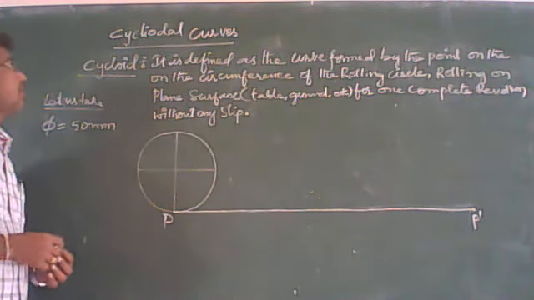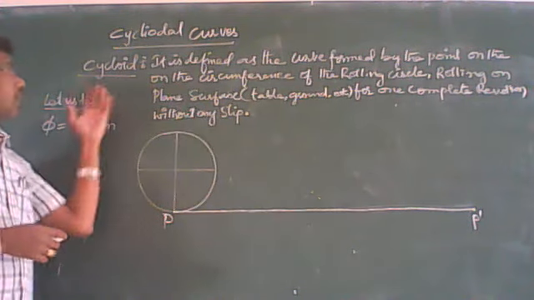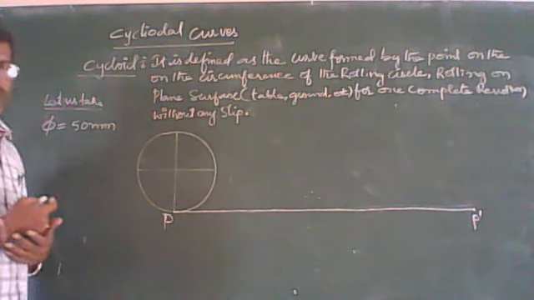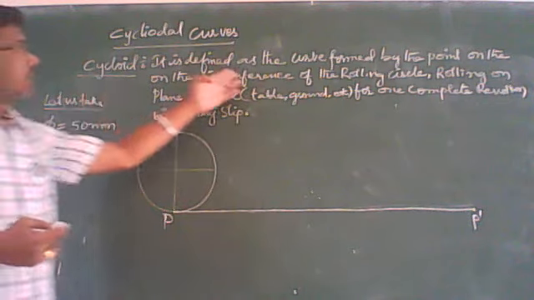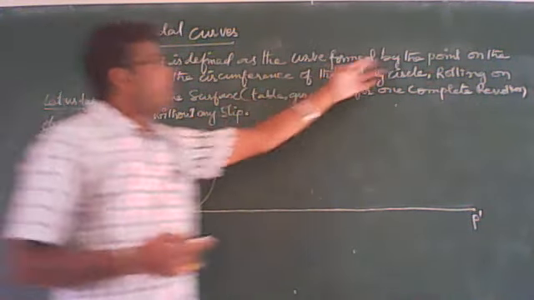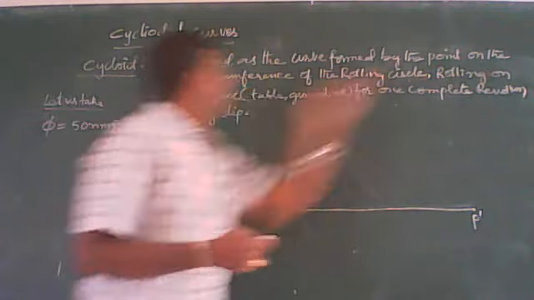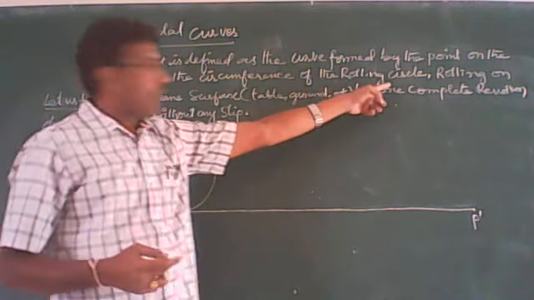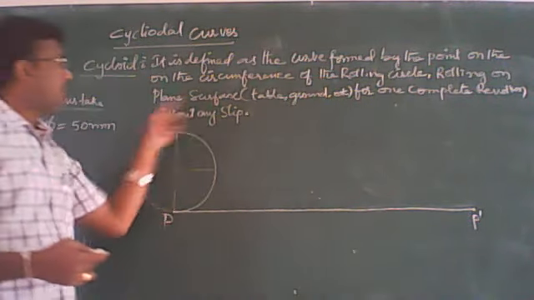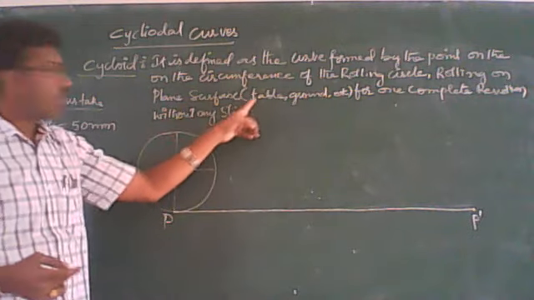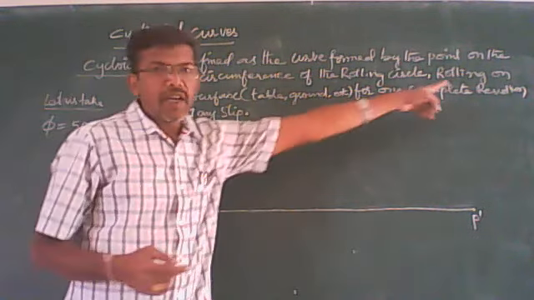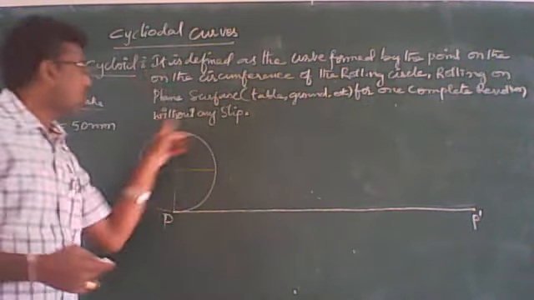So now see here, clearly writing the definition of cycloid. It is defined as the curve formed by the point on the circumference of the rolling circle, rolling on a plane surface. Let us take an example as table, ground, etc., for one complete revolution without any slip.